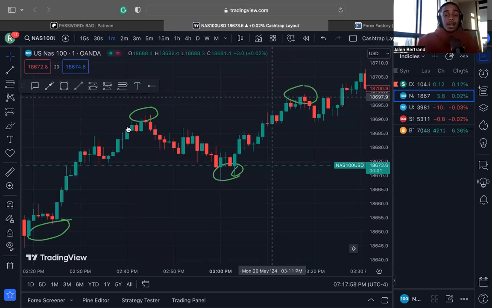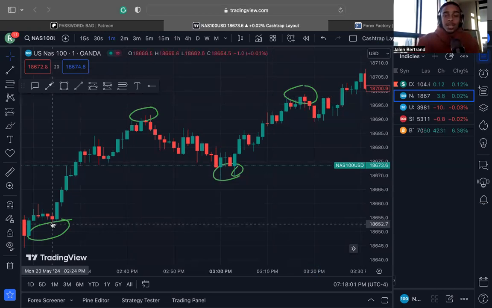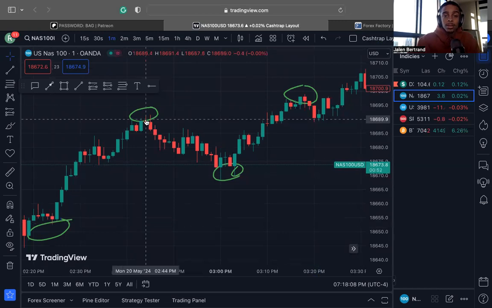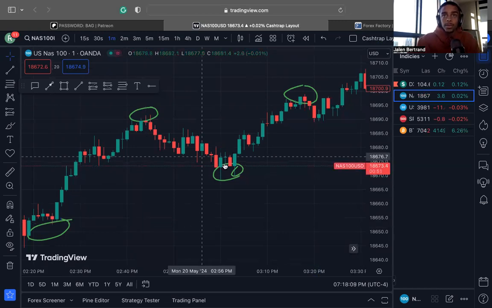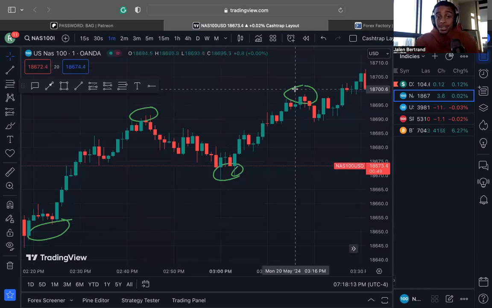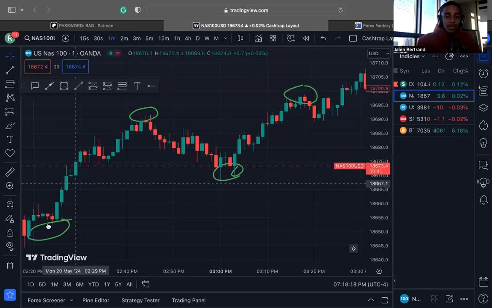So here, boom, we see the low, like we were talking about before: the swing low, the swing high, the swing low, and a swing high. This is exactly what we were looking at on the lines. Price was down here, made a low, and made a high.